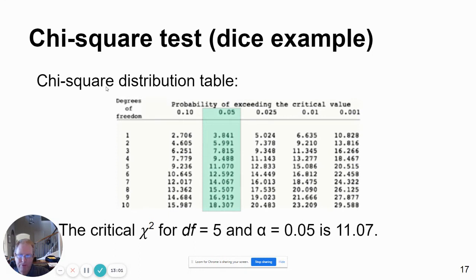So if I look at the row with degrees of freedom 5, I see that under my alpha of 0.025, I have 12.8, and under my alpha of 0.01, I have 15.086, and because my calculated chi-squared statistic is between those two critical values, I know that my p-value is between 0.025 and 0.01. Okay, let's move on.